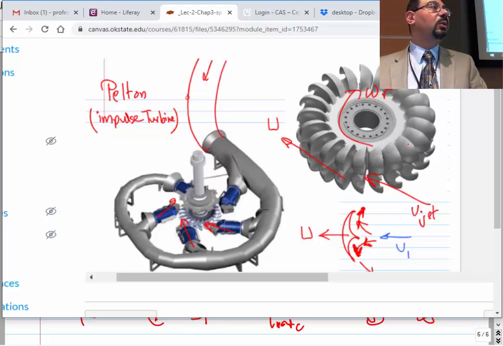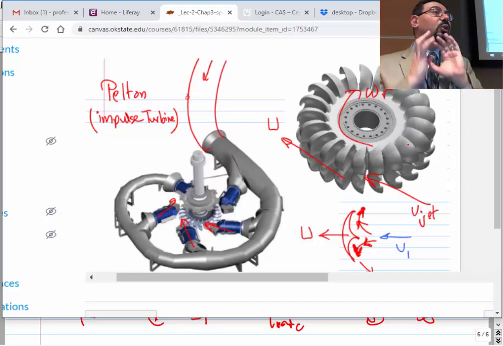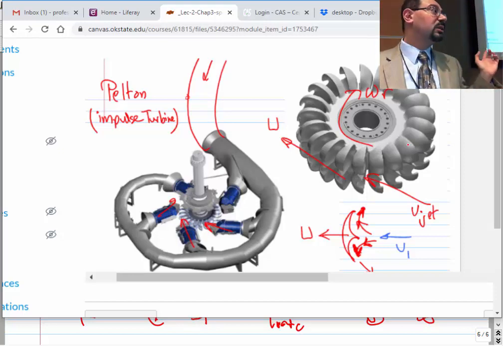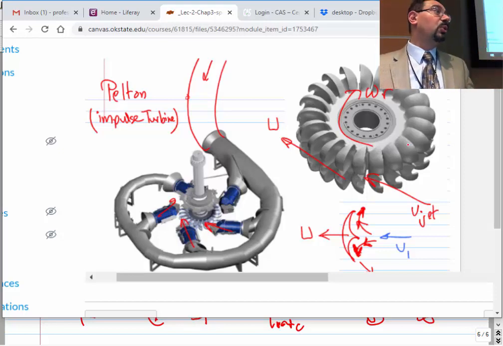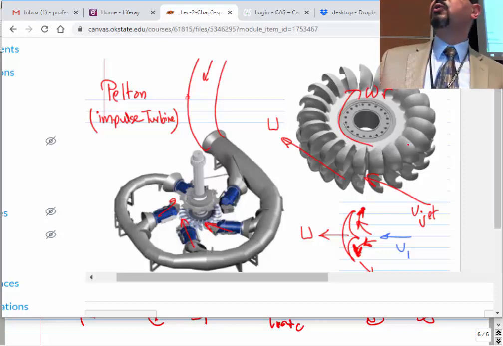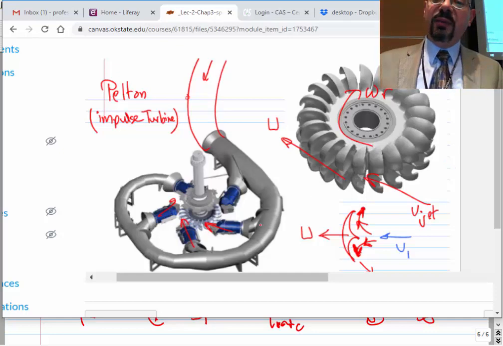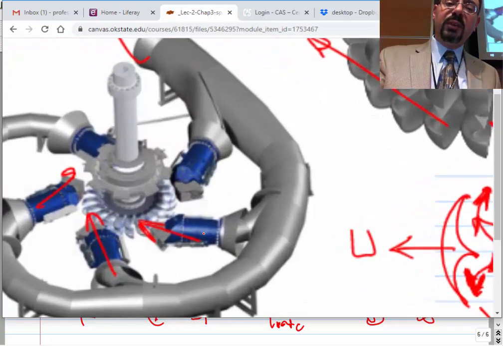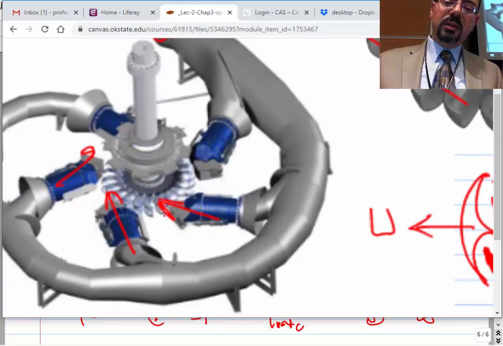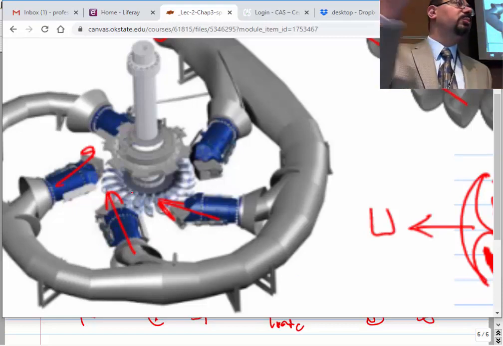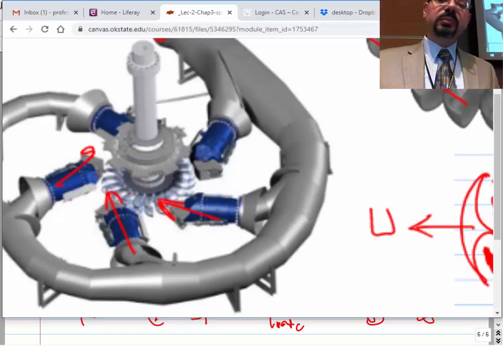And so the water as a jet just comes and hits, and during all this process, when the water comes and hits and turns around, what happens to the pressure? It does not change because it's in the atmosphere. It's not in the pipe. It's not confined. So this is an impulse turbine because the rotor is exposed and the water has atmospheric pressure from the moment it left that nozzle, in its journey to hit the bucket and splash up and down.